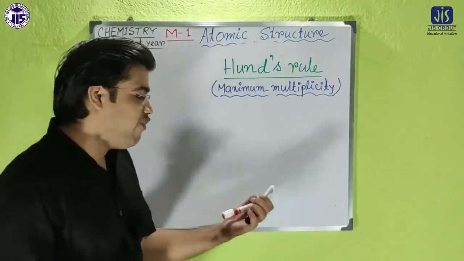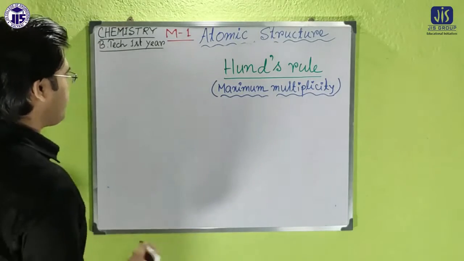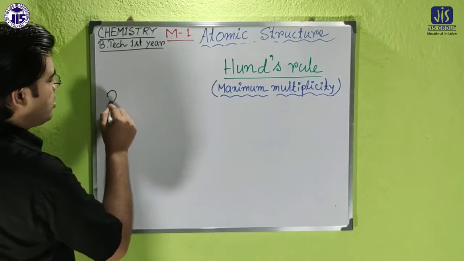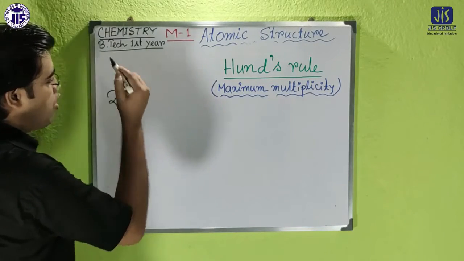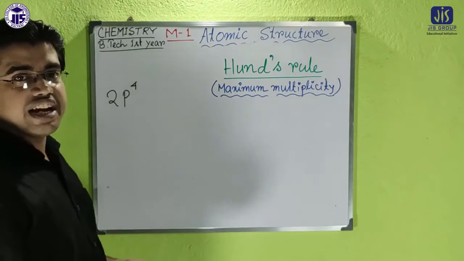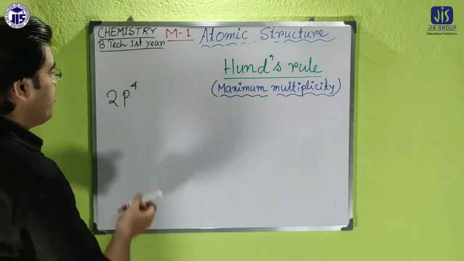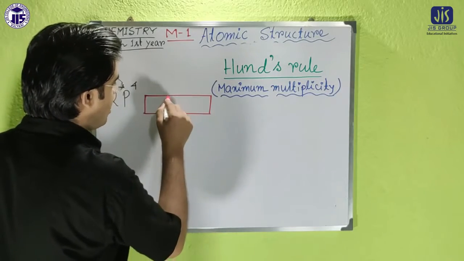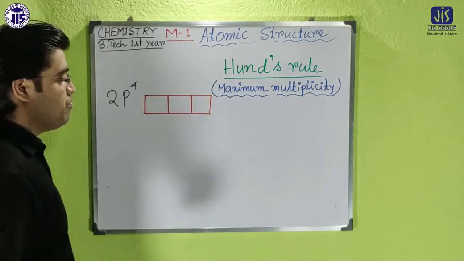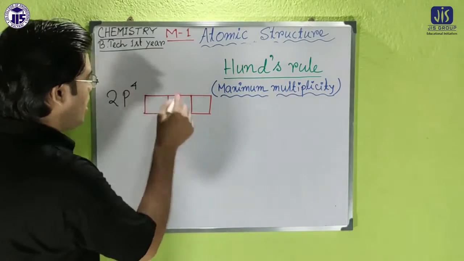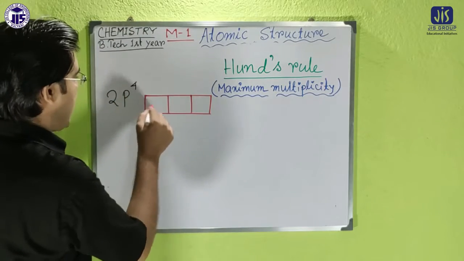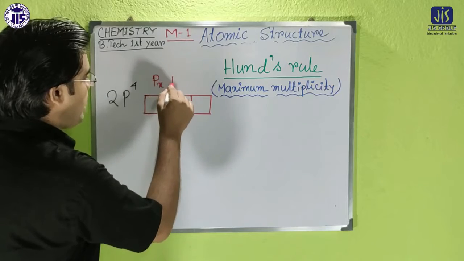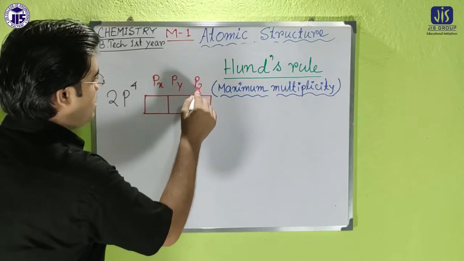That means if the electronic configuration is 2p4, then we can put the electrons according to Hund's rule. 2p is the subshell, and there are 3 orbitals, px, py and pz.